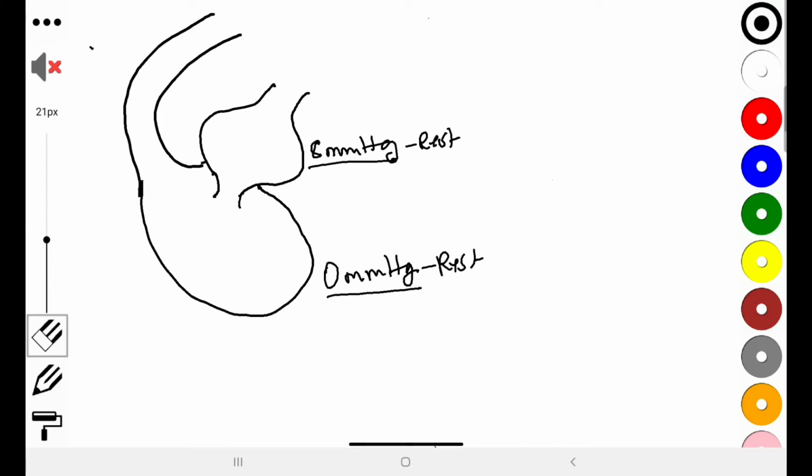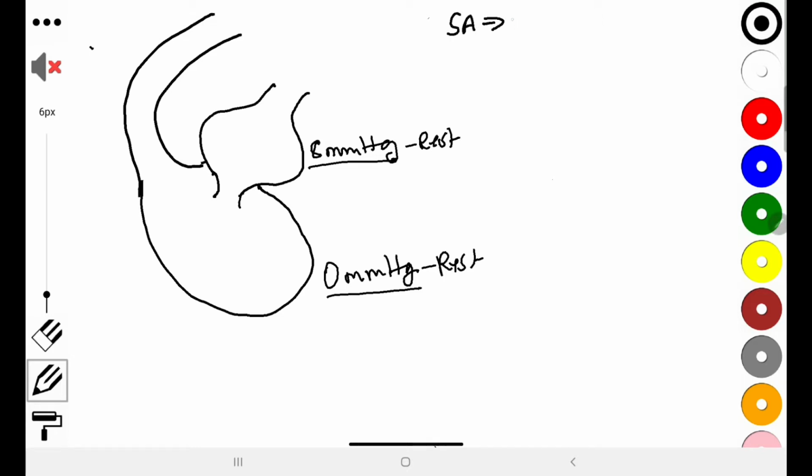So we're going to take it in steps and discuss what's going to happen because of one impulse that is started or initiated by the SA node. The first one that we're going to talk about is what is happening because of the SA node activity.